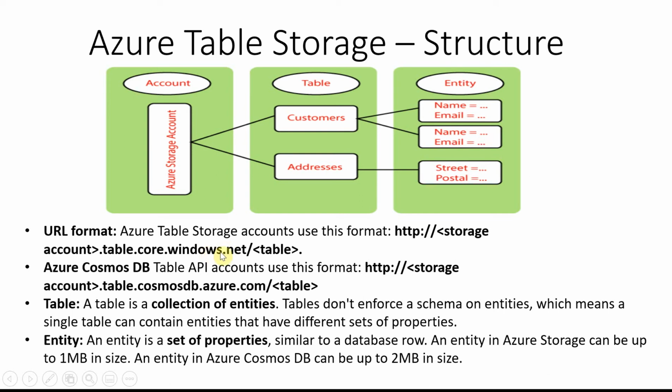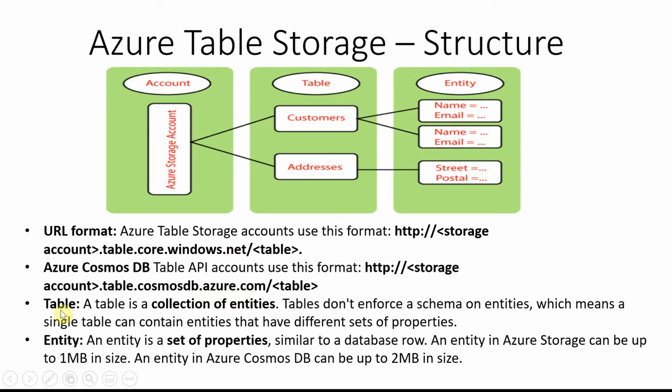Then they rebranded it to Azure. That's why you still see Windows in the older services like storage and compute. You might see this windows.net. But now they rebranded it to Azure, so for Cosmos DB, which came later, you have azure.com, not windows.net.